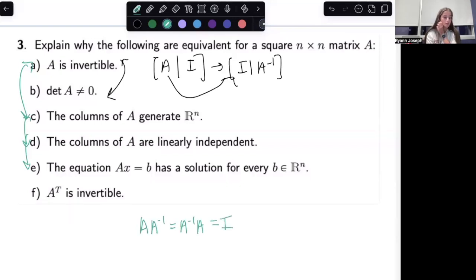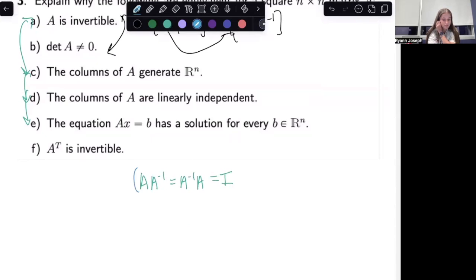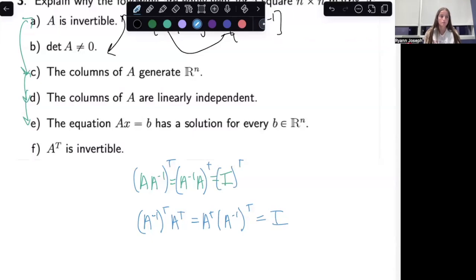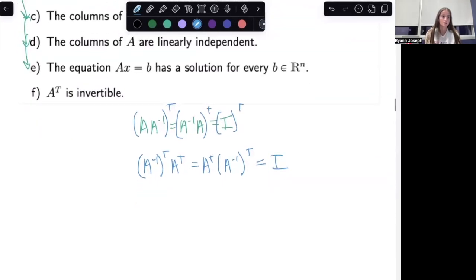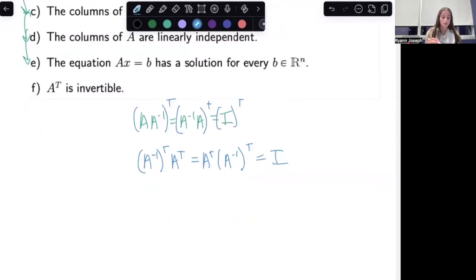We know this. And then we can take the transpose of each of these expressions. When we do the transpose, it switches the order. So it's going to become A to the negative 1 transpose times A transpose is equal to A transpose times A to the negative 1 transpose, which is equal to I. We can also take the transpose here, which tells us that A transpose is invertible with the inverse A to the negative 1 transpose.